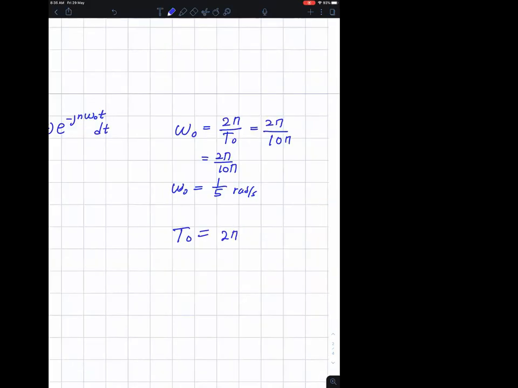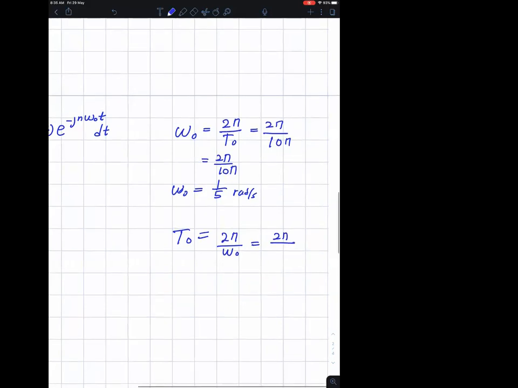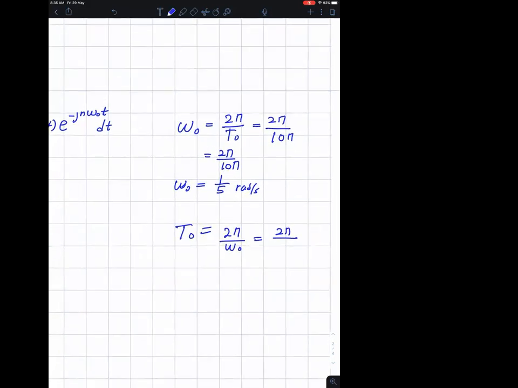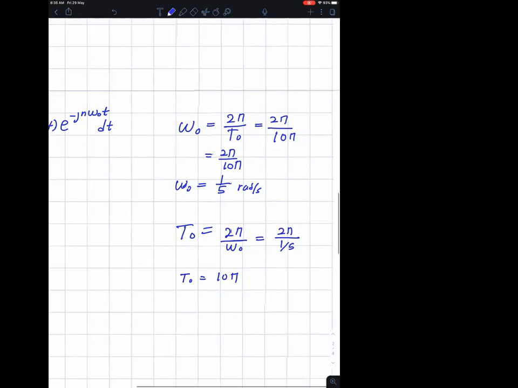Actually, I forgot the formula myself. So omega naught is 1 over 5. So if you're confused, you can always come and check whether you're doing it right or not. You don't need a solution manual or any answer.